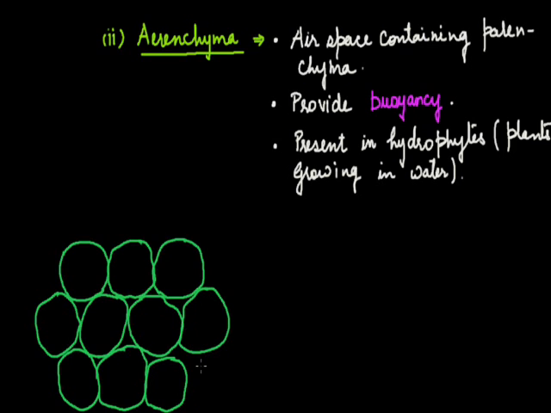The green boundary of the cell represents the thin cell wall, which is made up of cellulose and pectin. And as I have mentioned, these parenchymatous cells have a large central vacuole. So the cytoplasm is just present as a thin peripheral layer. Most of the space of the cell is occupied by a central large vacuole.